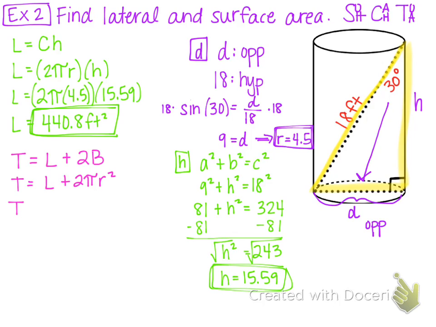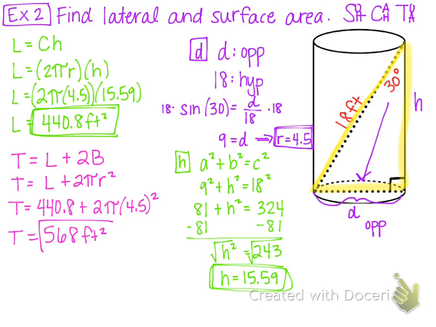So the total is equal to the lateral we just found, 440.8, plus 2 times pi times 4.5 squared. Make sure you use parentheses around that 4.5. Let's type that in the calculator, and we get 568.03, so let's just leave it as 568 in our unit, feet squared. So that's the total surface area.